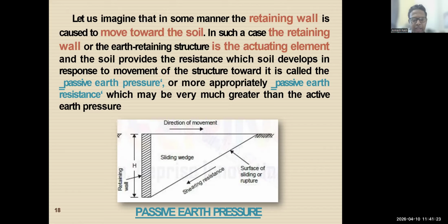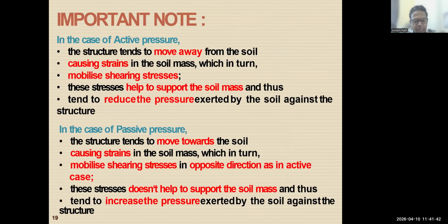More appropriately it is the passive earth resistance, which may be very much greater than the active pressure. Diagrammatically it is shown moving towards the soil, which is exactly opposite of active earth pressure. So these are the types we have seen: active pressure, passive pressure, and earth pressure at rest.